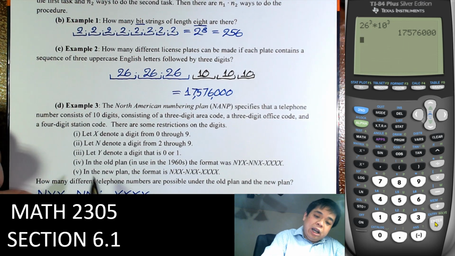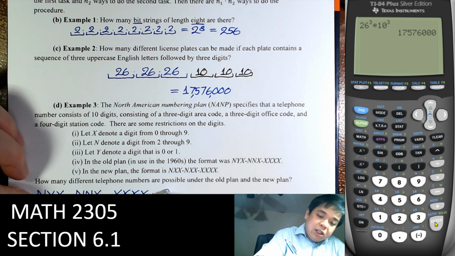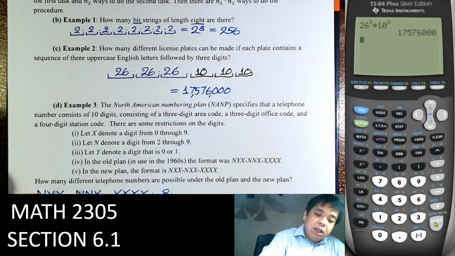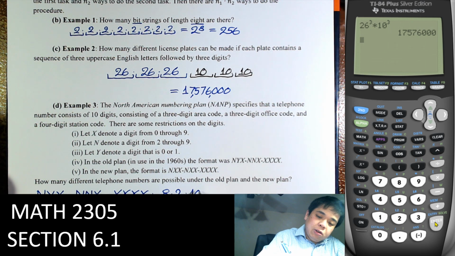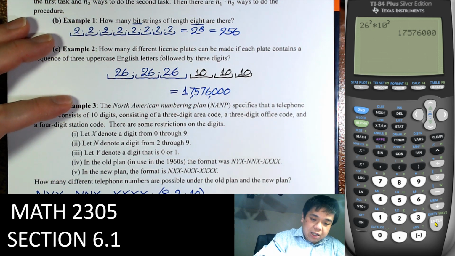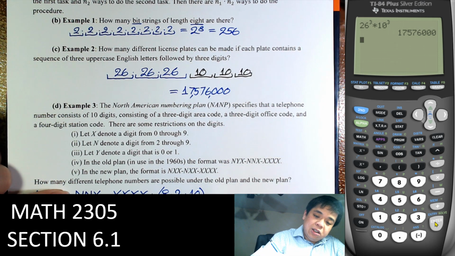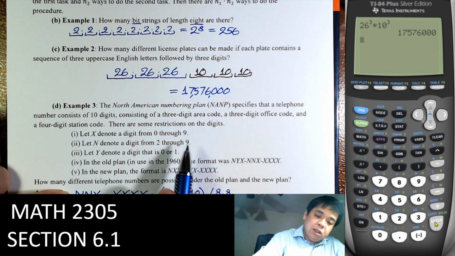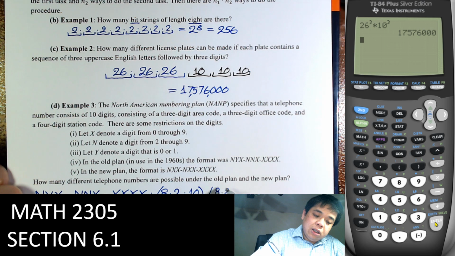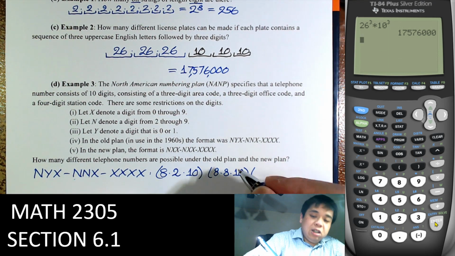N can be anywhere from 2 to 9, so there are 8 options. Y can be 0 or 1, so there are only 2, and X can be anything, so that's 10. That's the first set. Next, N and N, so 8 times 8, and then X, 10, and then XXXX, so that would be 10 each.